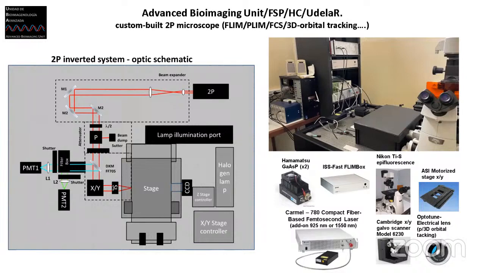And in our configuration, the detectors are in descanned mode. So the light passes through the scanner, and we have a fiber-based 780 two-photon laser, which enables us to do two-photon excitation. And many other things were built by us. We got the parts and the cards, etc. So it's a microscope that we can open and look inside and see what the parts are.